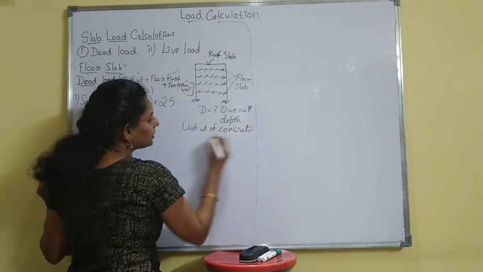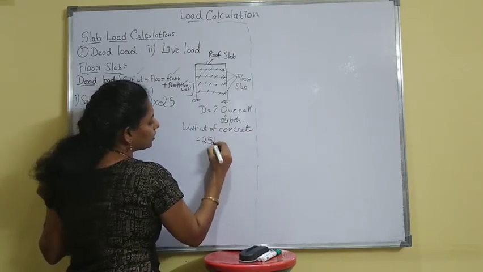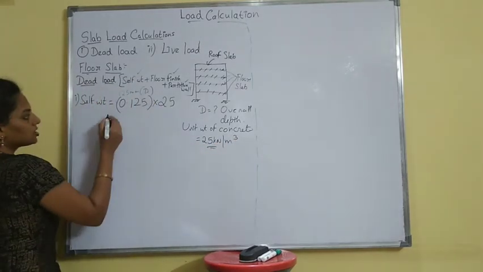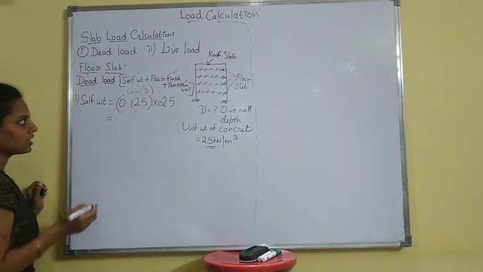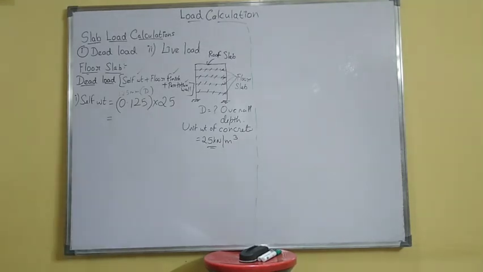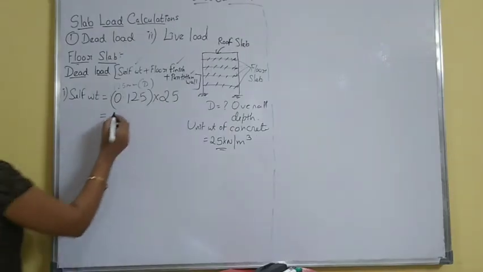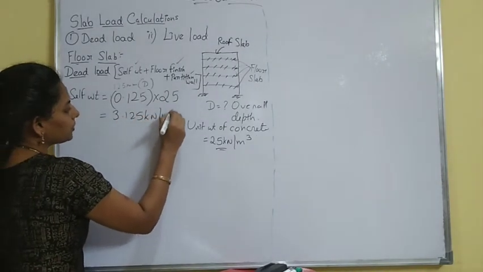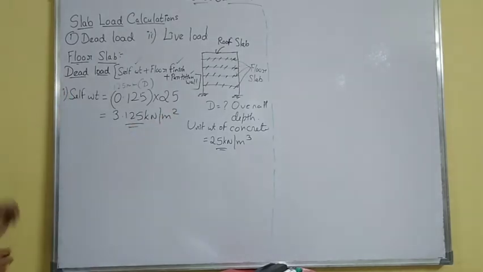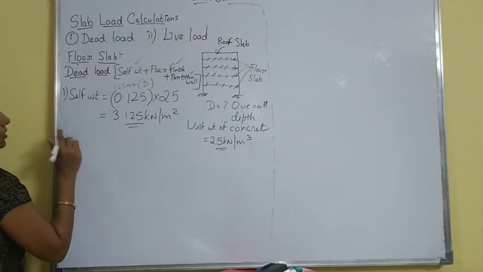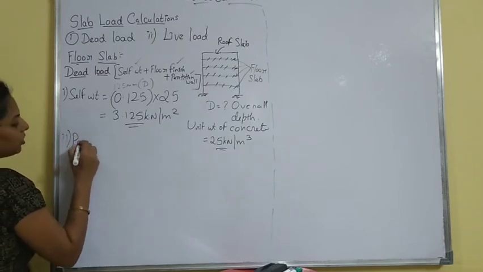Multiply by the thickness and you will get the self weight of the slab. So 0.125 into 25 is 3.125 kilonewton per meter square.